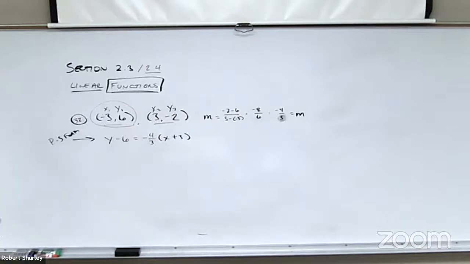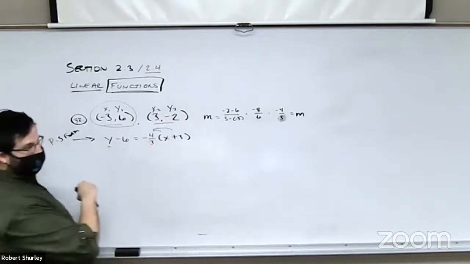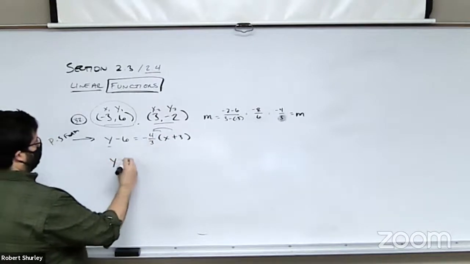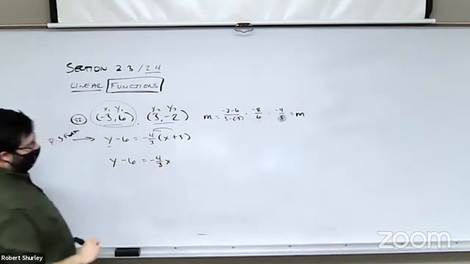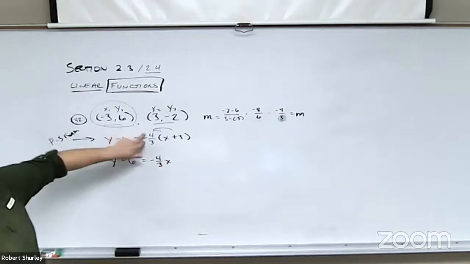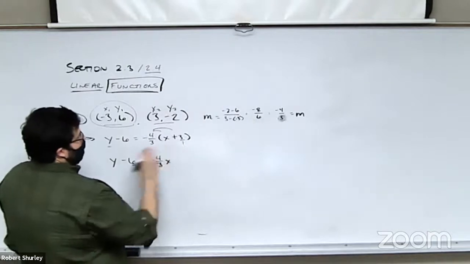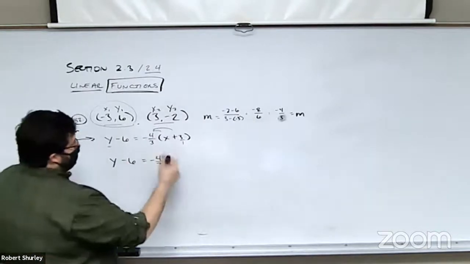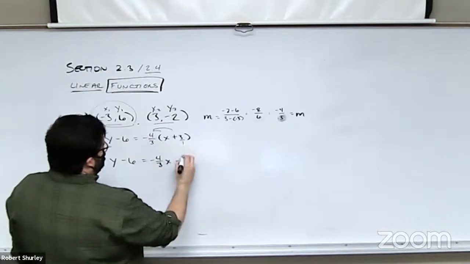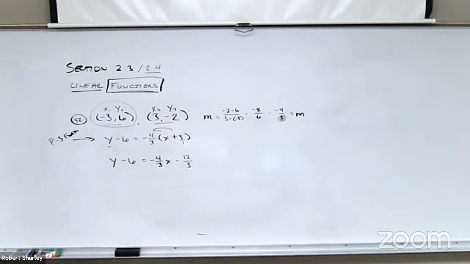Now we've got to get the slope intercept form, so we've got to get y by itself. I'm going to distribute the -4/3. So -4/3 x. If you multiply a fraction by an integer, remember that integer is really just a fraction, 3 over 1, and you multiply across. So this would be minus 12/3, 4 times 3 and 3 times 1.